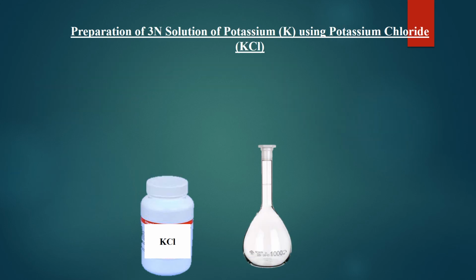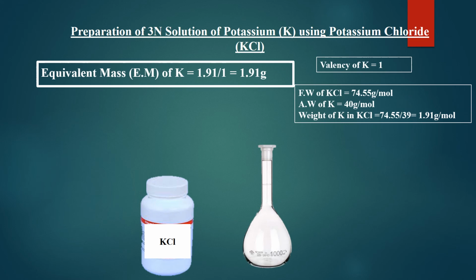To prepare 3 normal solution of potassium using potassium chloride, first of all, find the equivalent mass of potassium in potassium chloride. For this, divide 1.91 by 1, as 1 is the valency of potassium and 1.91 is the weight of potassium in potassium chloride.